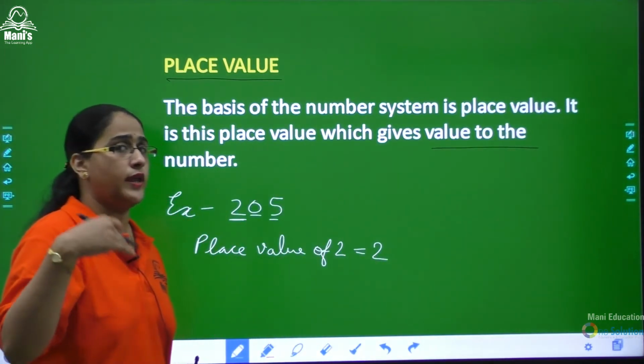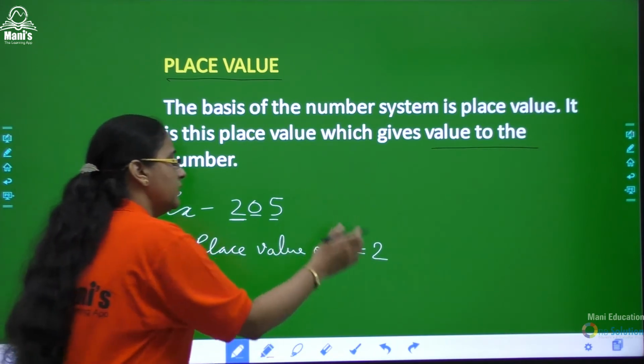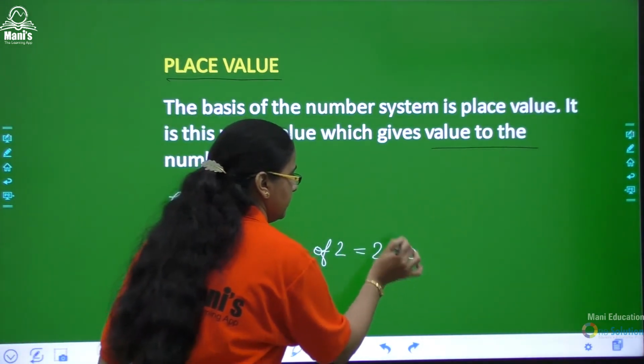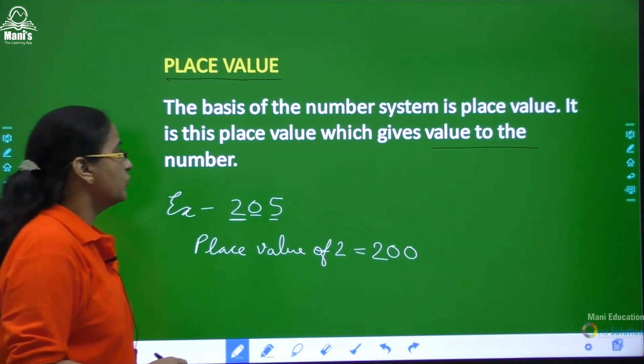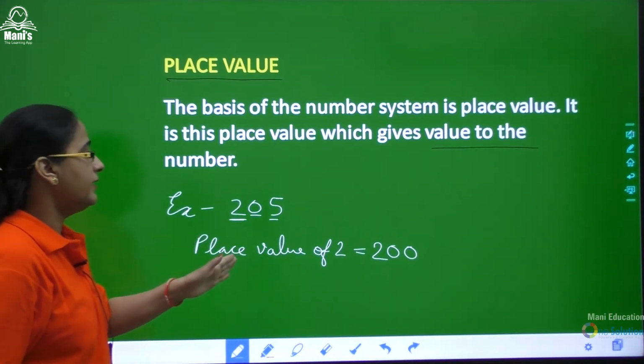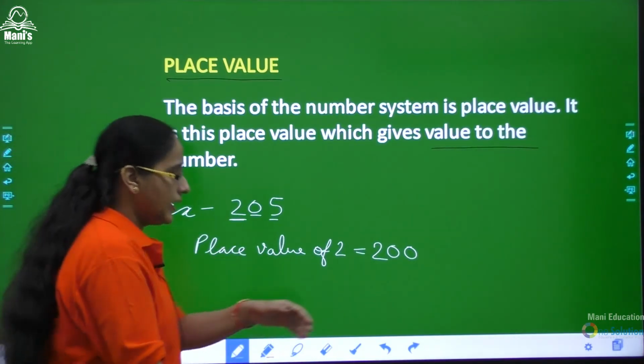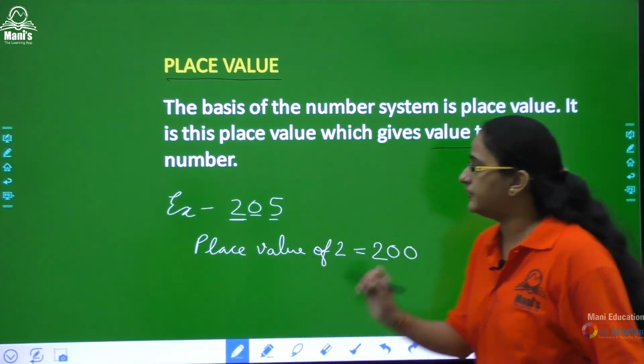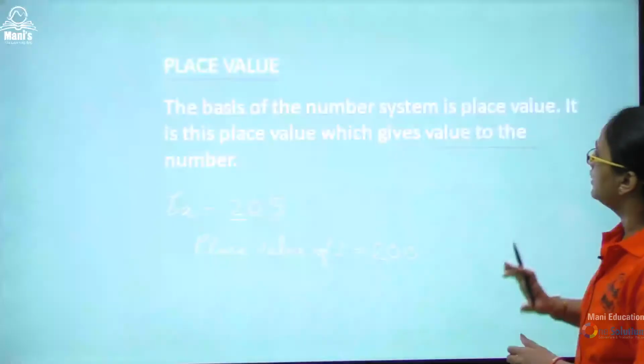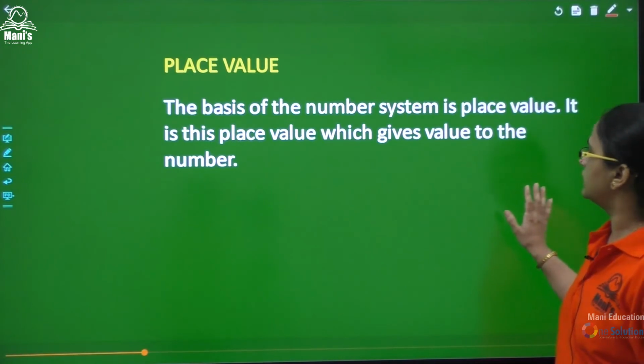Either 0 or any other numbers, we have to put zeros. So it is 200. So we can understand. And with the help of place value, we can identify the expanded form also. Afterwards, we will discuss it.